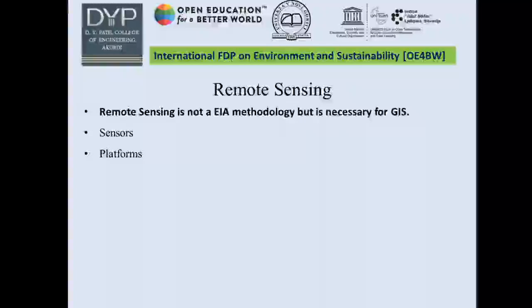Again, we can use the sensors remotely and on different platforms. One is the aerial platform, then satellite or orbit, and resolution is also used. There are several different types of platforms available under remote sensing. I am not going into detail on that.